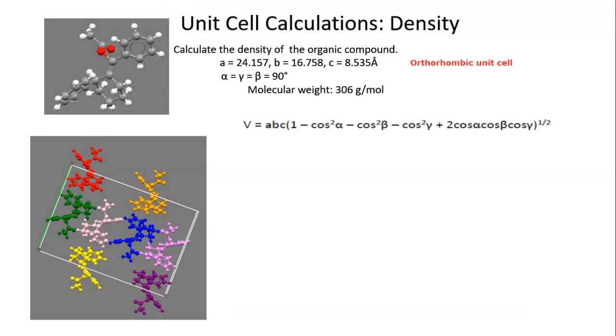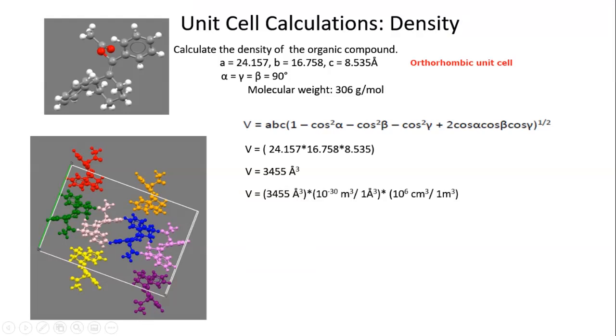And it's giving us the molecular weight, so we can go through and calculate the volume. And we get 3,455 angstroms cubed. We convert that to centimeters cubed to get the volume of the unit cell.